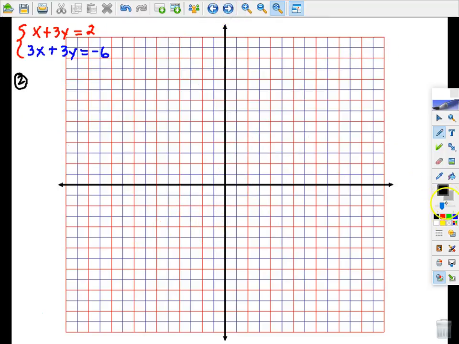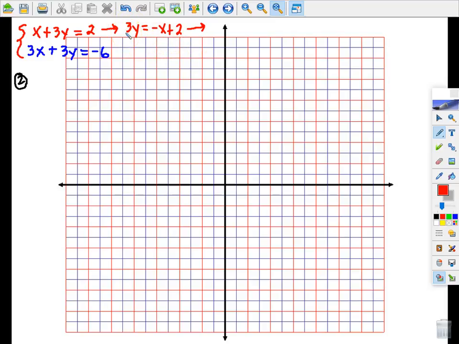All right, let's try this one. So the red equation, let's solve it for y. That means I'm going to have to subtract x from both sides. And then you can either think of this, to get y by itself, you're either going to divide by 3 on both sides, or you're going to multiply by 1/3.